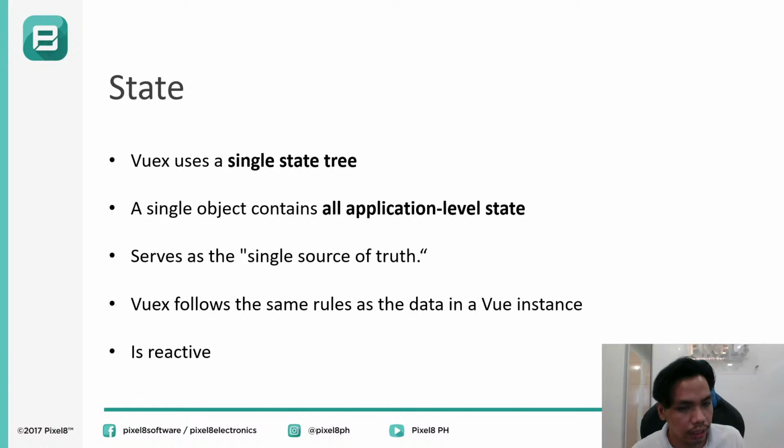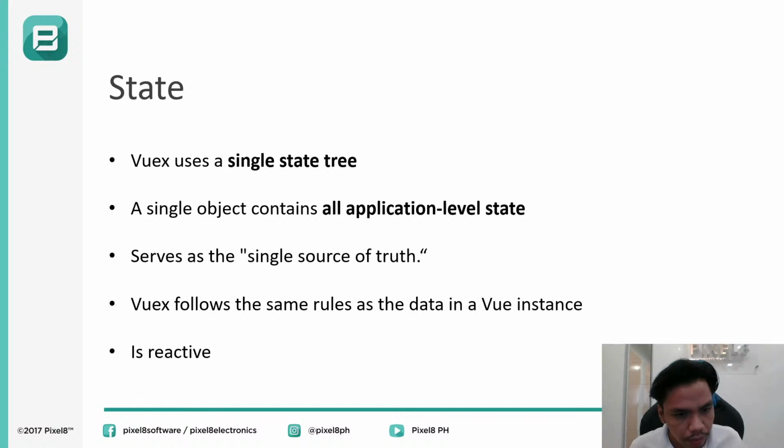Regardless of how deep your components are, or wherever their hierarchy may be, they can easily access data. They all fetch the data from a single source of truth, a single place, which is the state itself, which is Vuex.